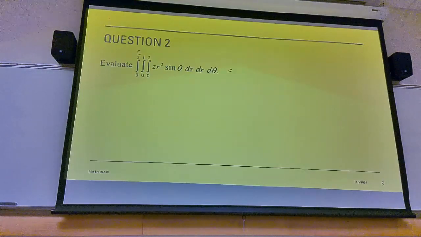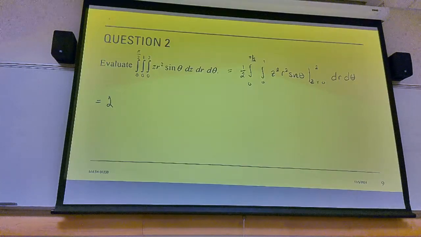What are we starting with? Does it matter? No. We can start with whatever we want. As it's written, we start with z. That's what we start with. What's the antiderivative? We're going to have 2 on the outside, right?